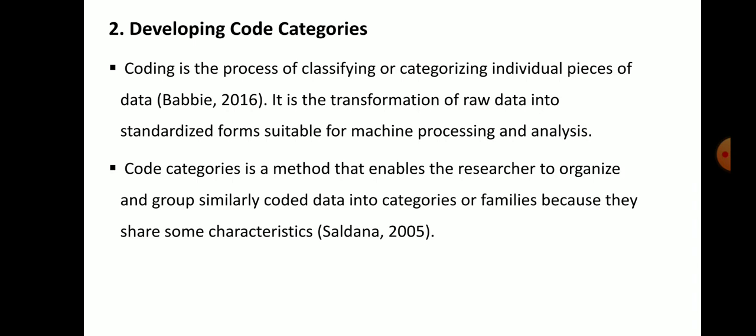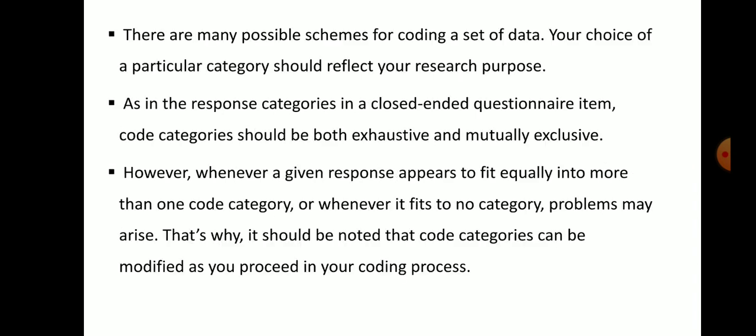It is the transformation of raw data into standardized forms suitable for machine processing and analysis. Code categories is a method that enables the researcher to organize and group similarly coded data into categories or families because they share some common characteristics.